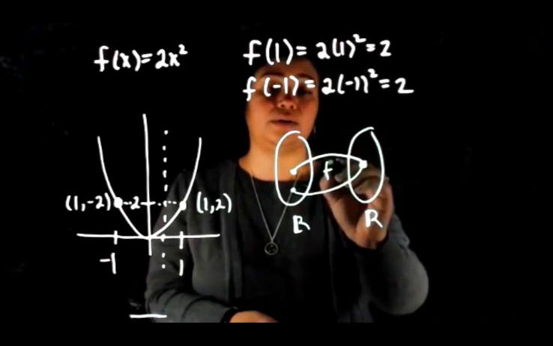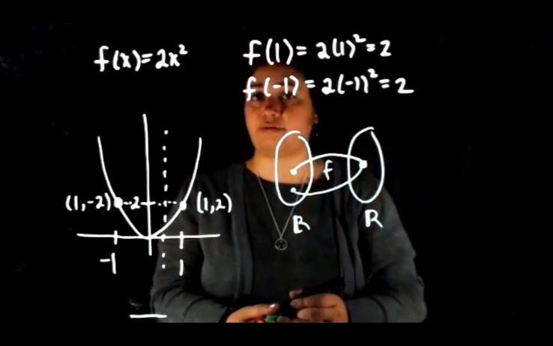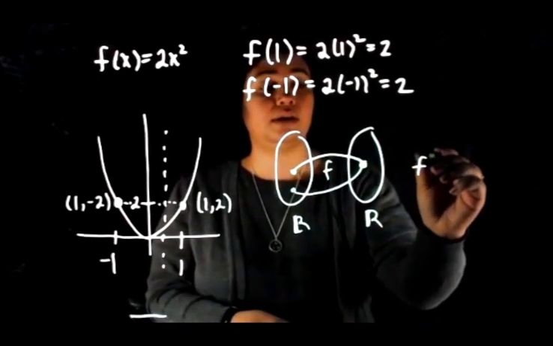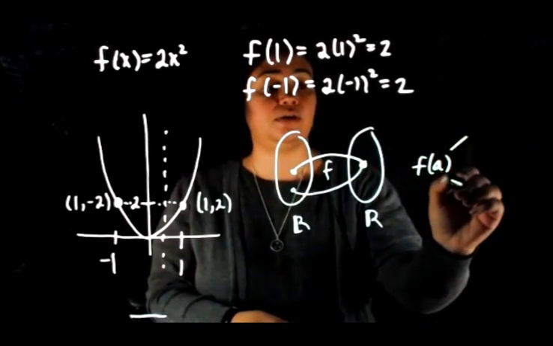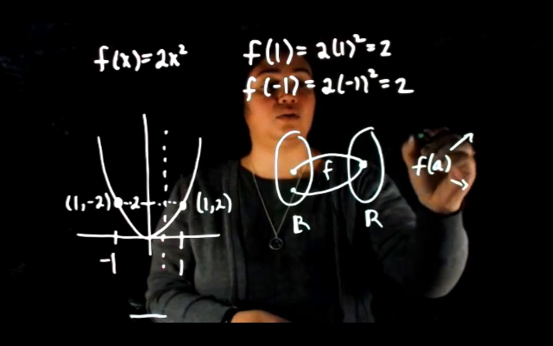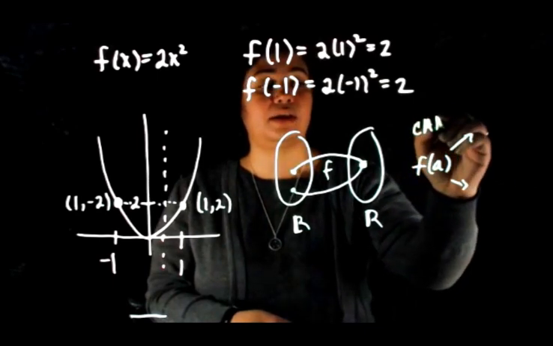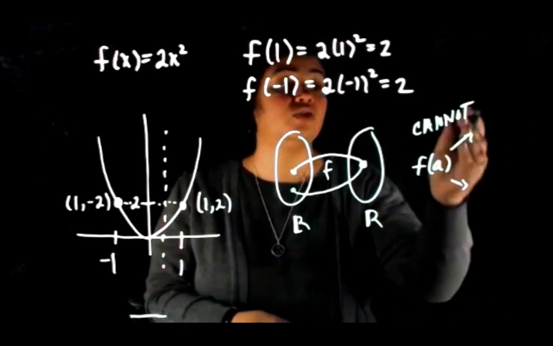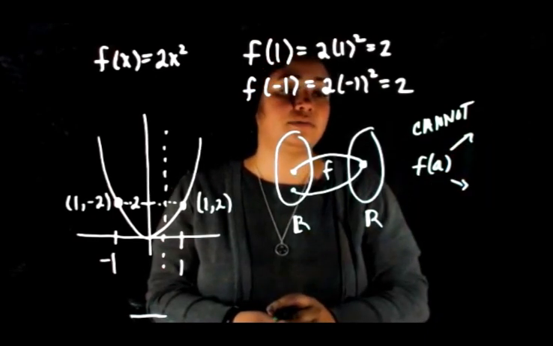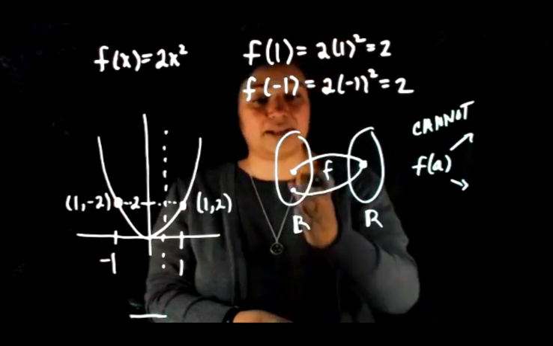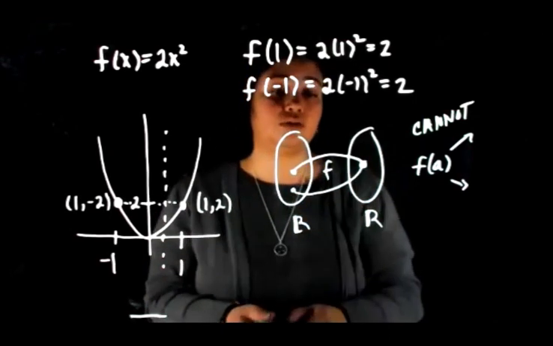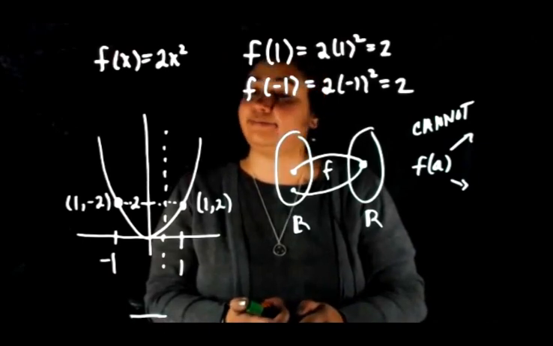This is still allowed under a function f, okay? So here's what you cannot do. You cannot make an assignment where f of a is two things at the same time. That's not allowed. But you can send two different entries to one same output, okay?